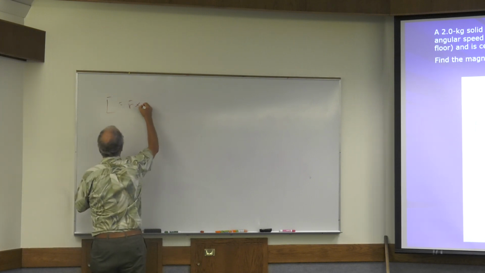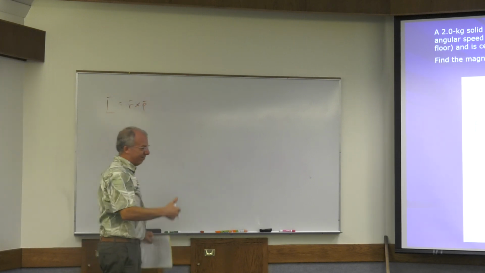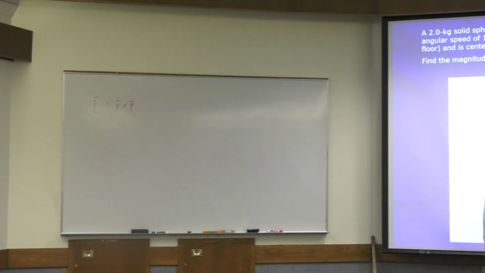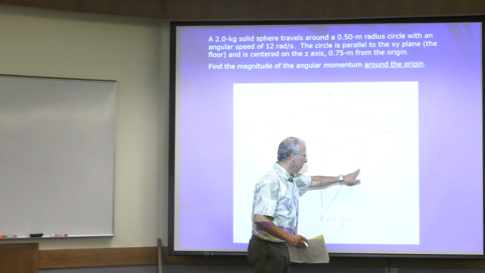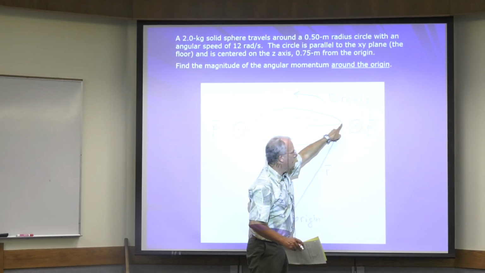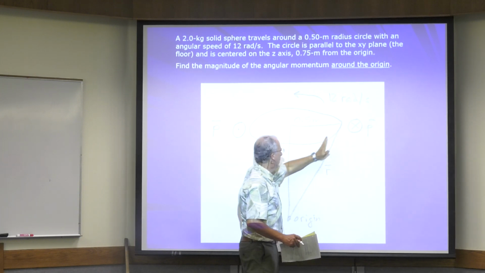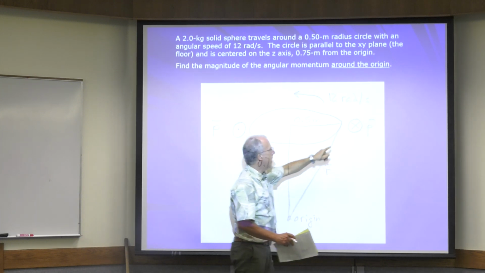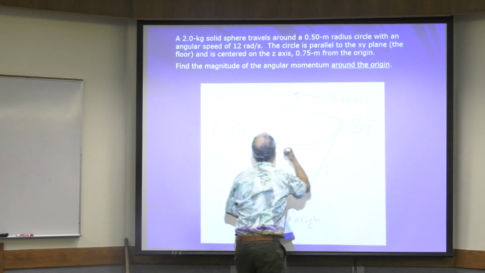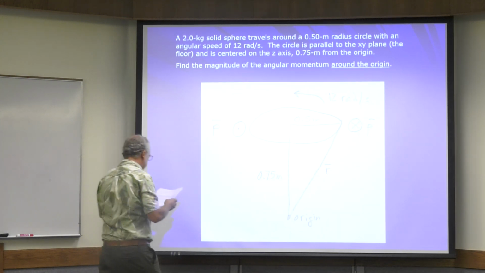L equals R cross P. Vector cross product. And that's why I labeled it, so here's the R, agree? This is the position vector R. It goes from the origin to the particle. I just drew it here. And then there's P, right? Remember, P is mv. So P is mv this way, mv that way.